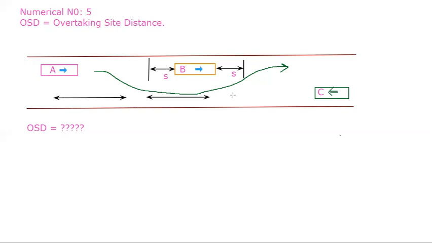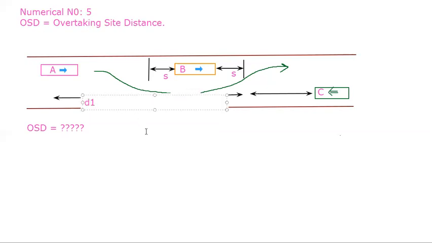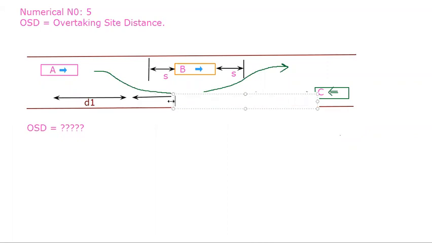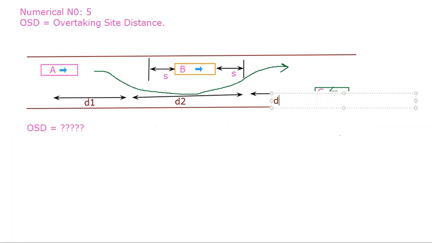Then this covering distance will be d2, and the distance covered by vehicle C will be d3.